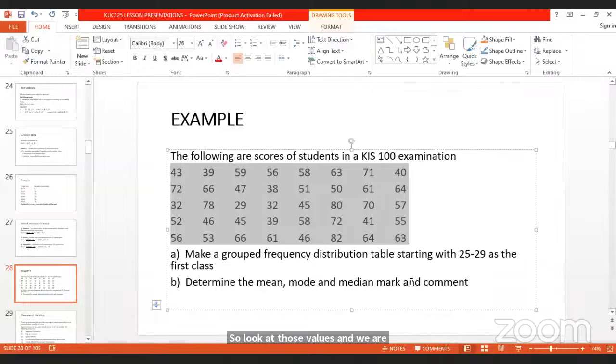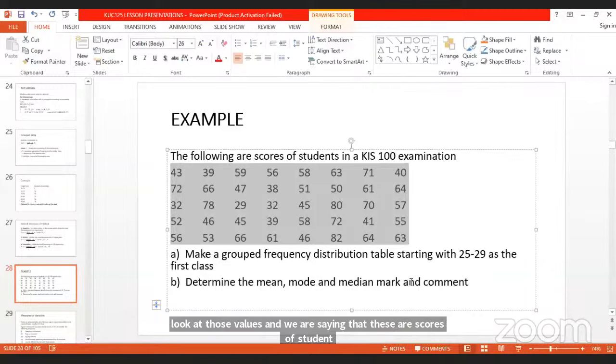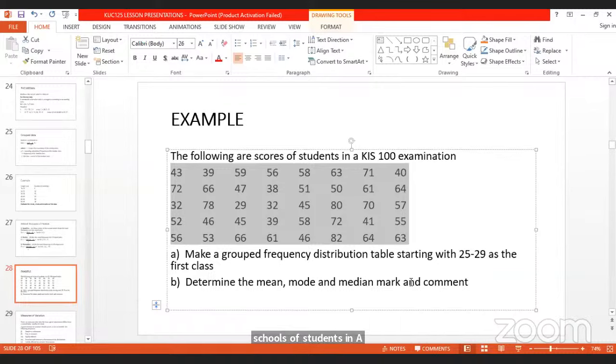When you are asked to comment in such a case, then the comment must reflect on the nature of the distribution. How is the mean, mode, and median? Are they equal or almost equal? If they are approximately equal, then we conclude and comment that that is a normal distribution, that the exam was normally distributed. But if they are not, then the comment should be that the exam was skewed.